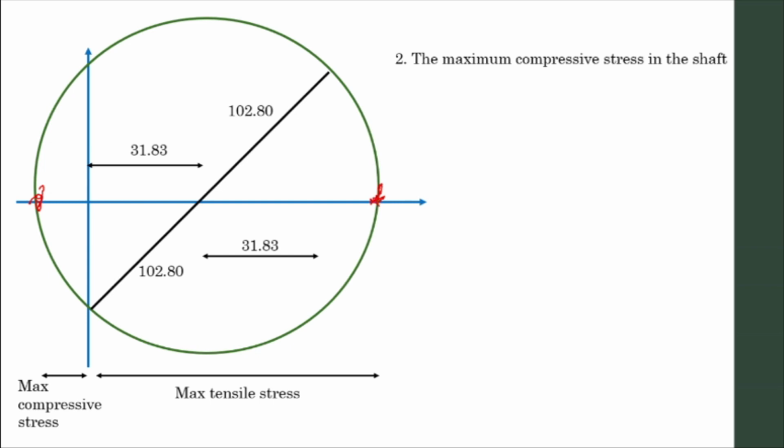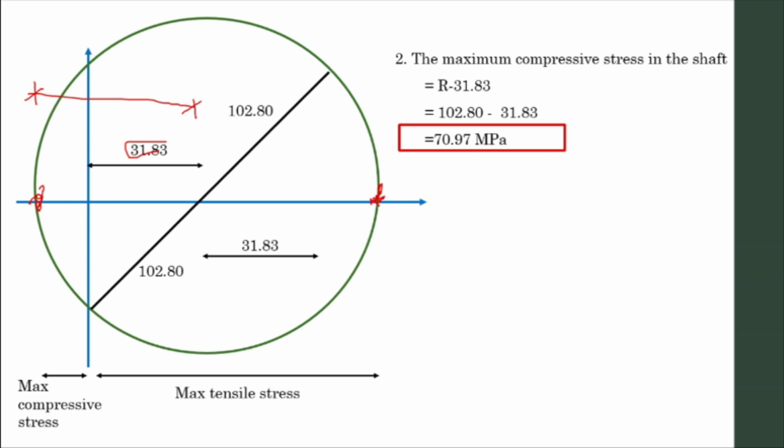So, punta muna natin yung maximum compressive stress kasi yun yung mas madaling makuha dahil meron na tayong value na 31.83. So, gagawin mo lang dyan, yung radius mo, minus mo lang ng 31.83. So, makakaproduce ka ng maximum compressive stress na 70.97 megapascal. Negative yan kasi nandito sa left side.